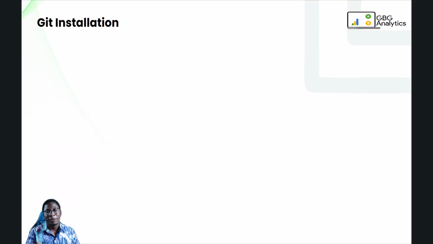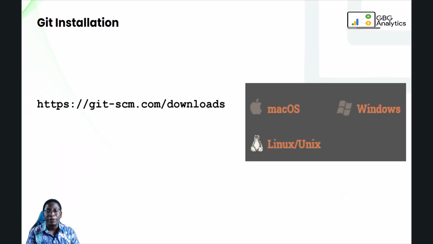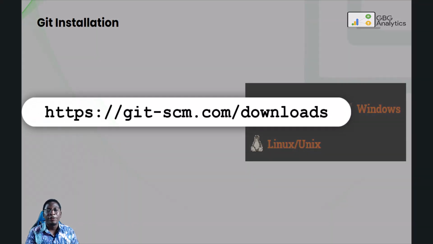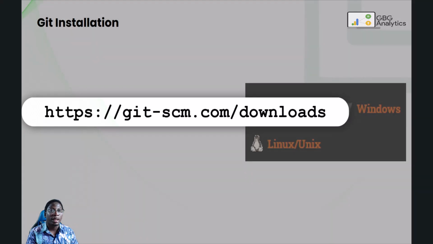Installing Git is straightforward. It begins by downloading the appropriate version from the official Git website, and you can visit git-scm.com/download. The process varies slightly based on your operating system, so be sure to follow the platform-specific installation instructions.